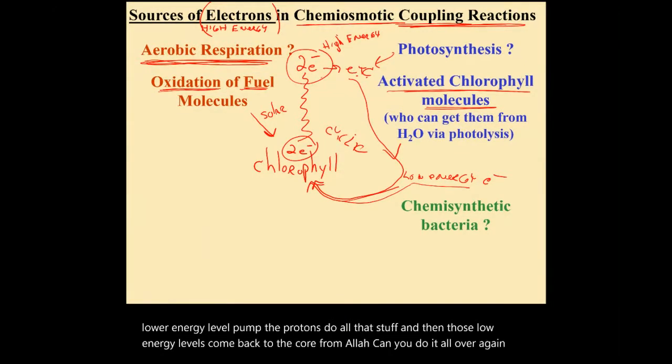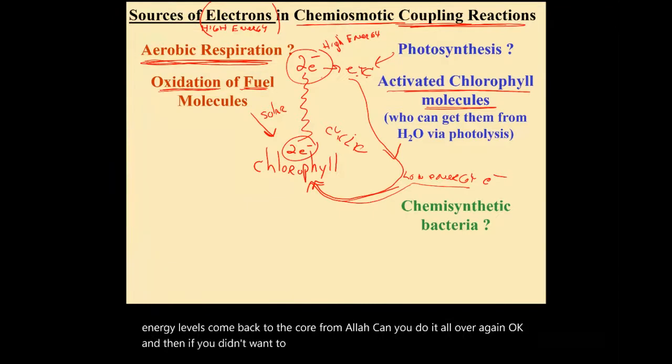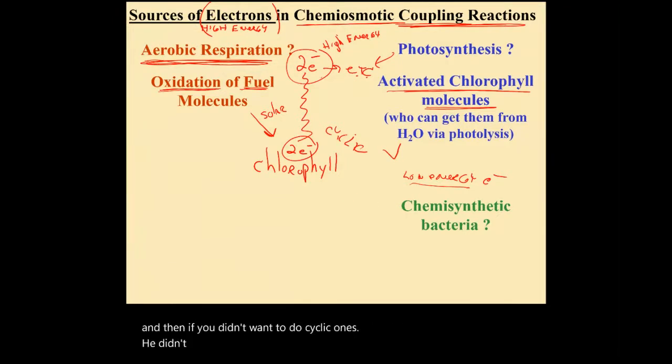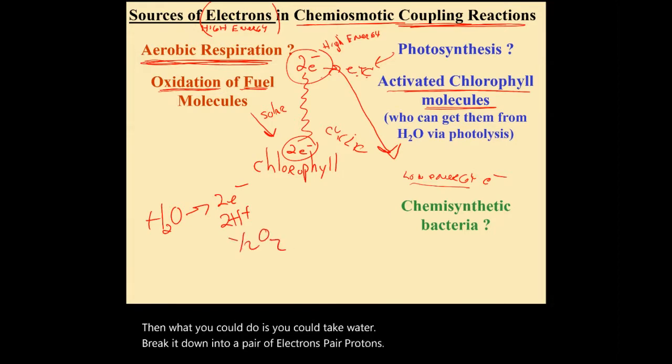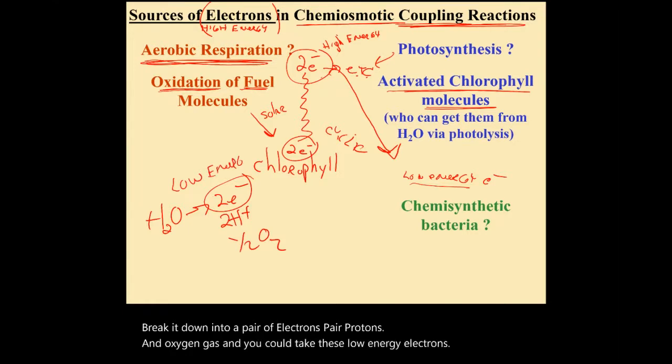And then if you didn't want to do cyclic ones, what you could do is take water, break it down into a pair of electrons, a pair of protons, and oxygen gas, and you could take these low energy electrons and keep giving them to the chlorophyll molecule.